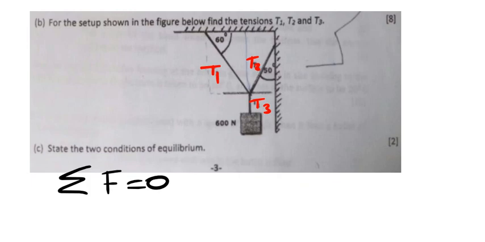This is condition number 1. Condition number 2 is that there should be no net rotation. Like in this diagram, if this one rotates, it will affect everything. Everything might be in equilibrium because they are balanced forces, but if one just tilts, it means equilibrium is not reached.